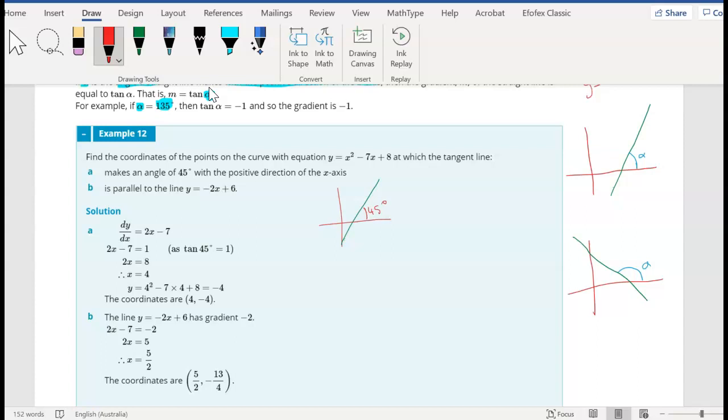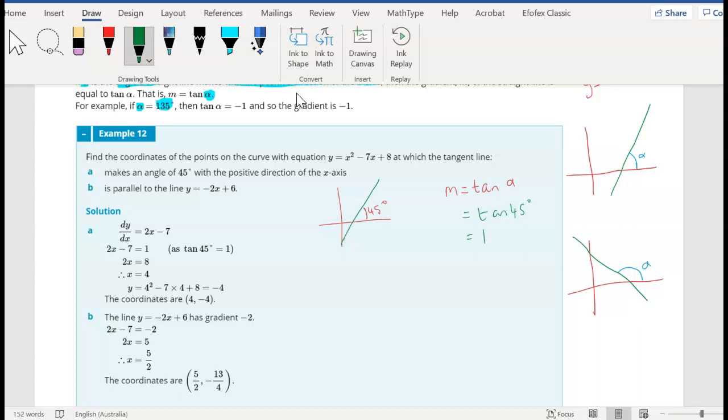All right, so I want to use the fact that gradient is equal to tan alpha. So that is equal to tan 45, which is 1.